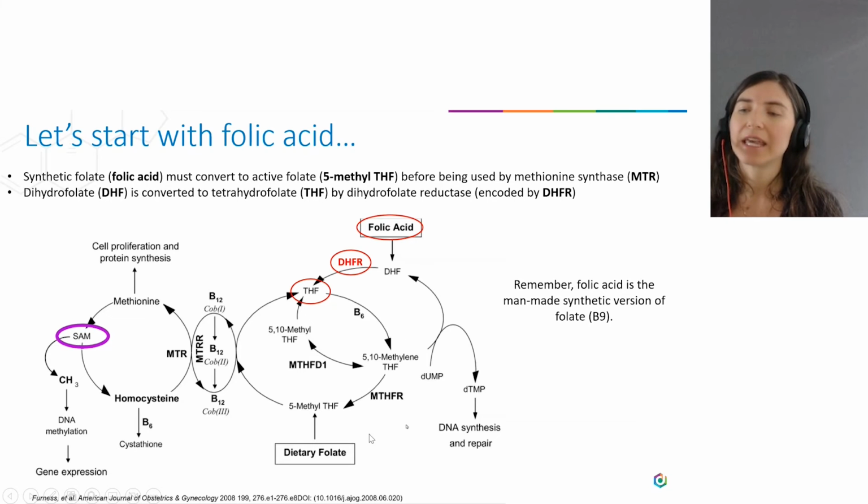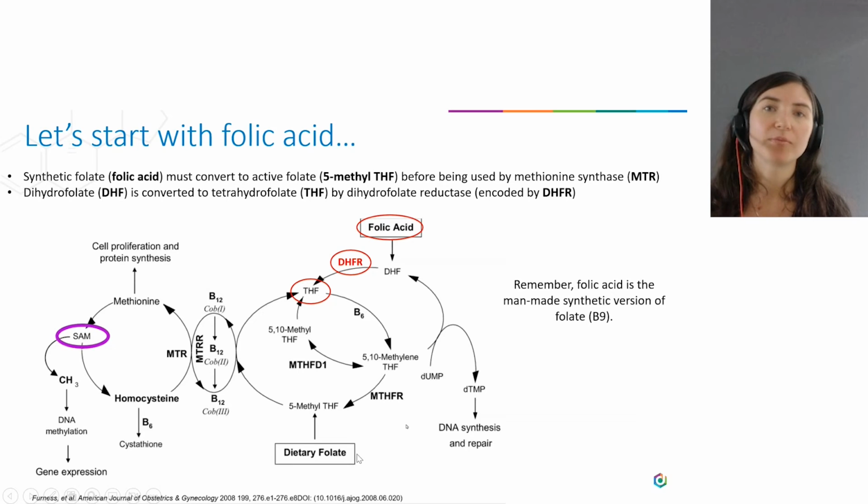If we get dietary folate, from our green leafy vegetables, a lot of it already comes in the 5-methyl THF form. And when you take an active B complex, a lot of times it has the 5-methyl tetrahydrofolate form in that B complex.